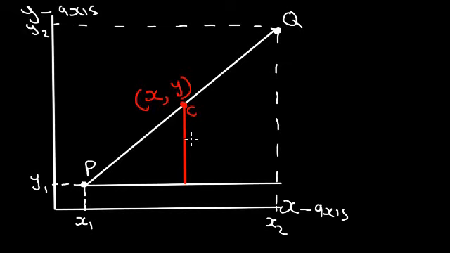And if we are to determine that, you can clearly see that that will be given as y minus y1. So what does that mean? It means the difference between the maximum point along the y-axis, which is y, and the minimum point along the y-axis, which is y1. So that's how I got y minus y1.